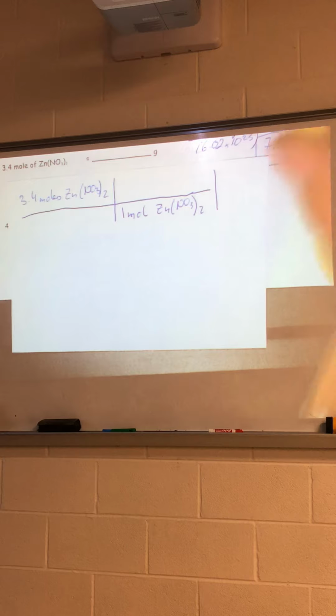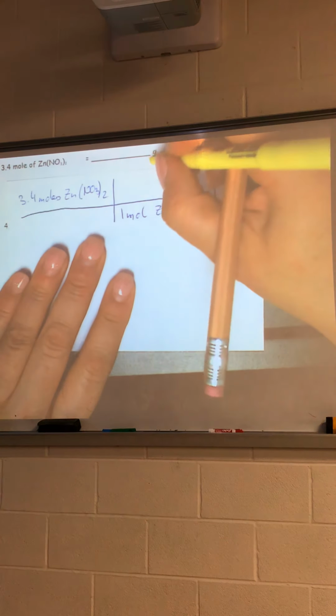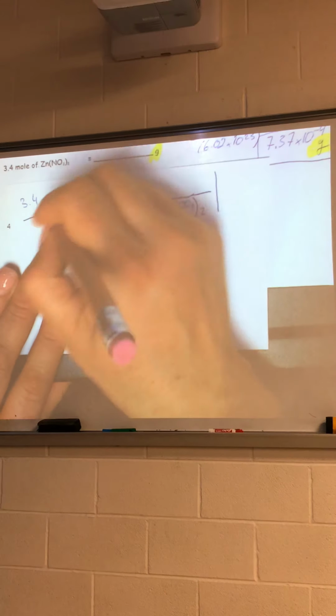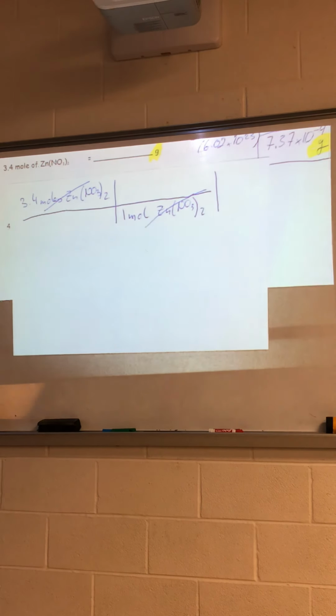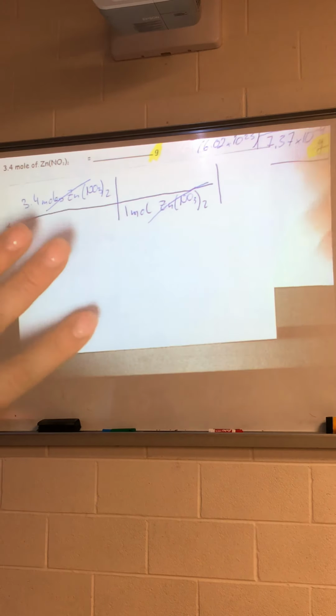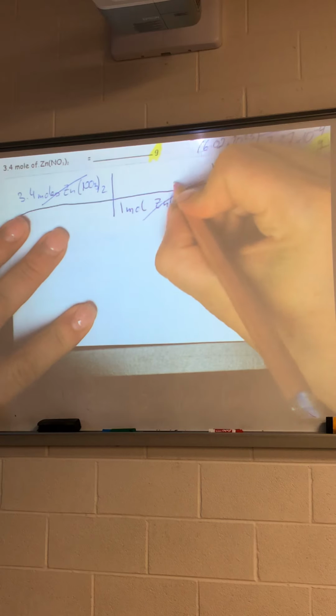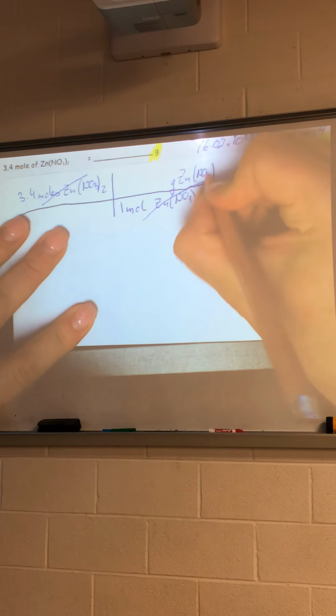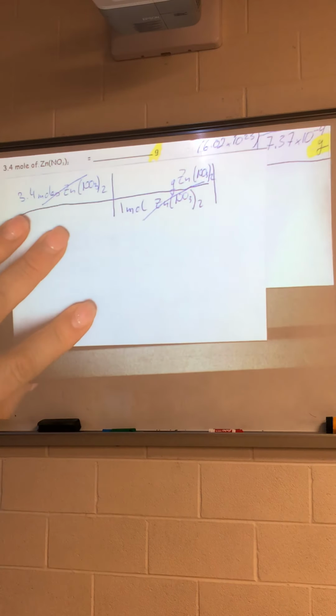I know my final result needs to be in grams, right? So what unit needs to go on top? Grams. That's right, Matthew. Grams of zinc nitrate. So here's what it will look like.